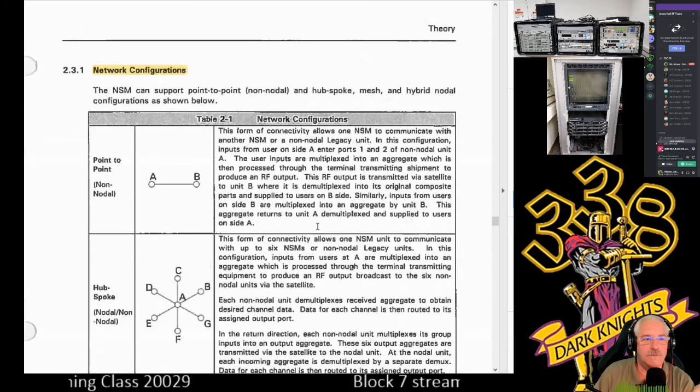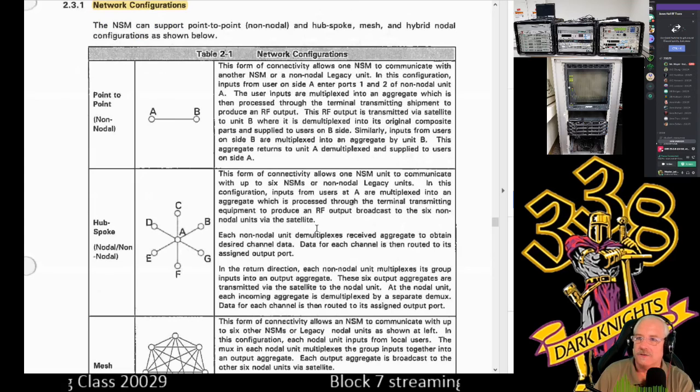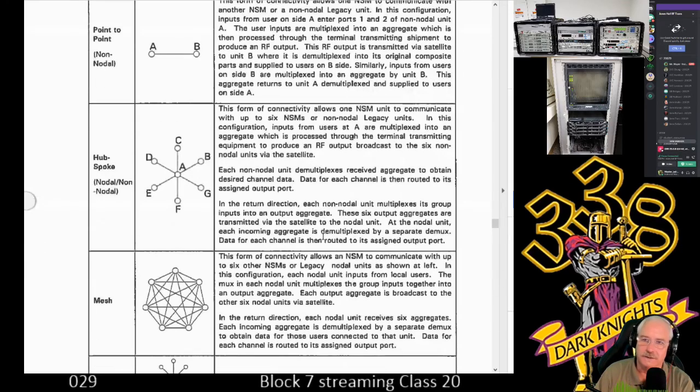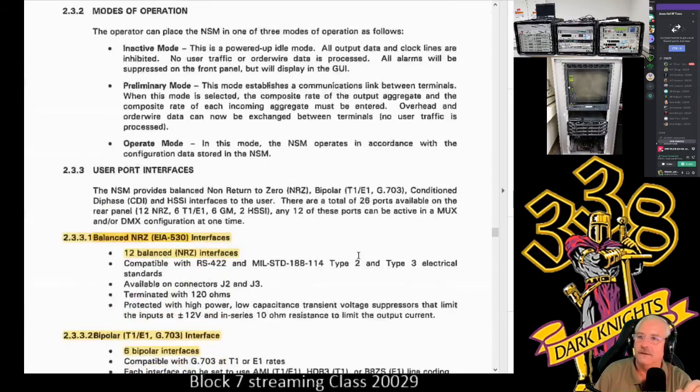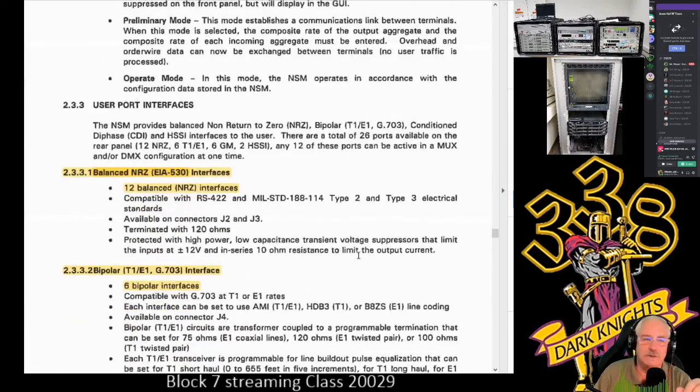We got network configurations. The reason why I highlighted this one, this makes it so much easier to give you a point-to-point, the hub-spoke, the mesh, and hybrid. It's probably one of the best ones I've seen out there. And then we start getting into user port interfaces and describing how many there are and what the connections are going to be.